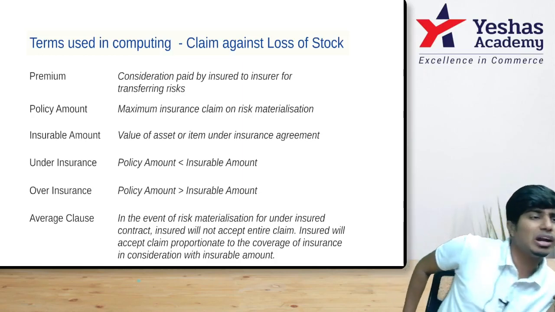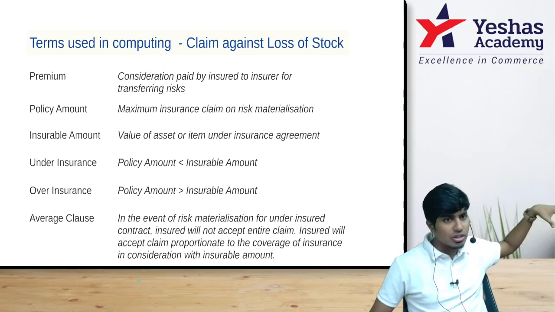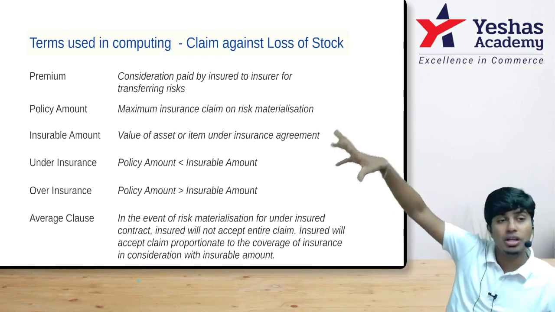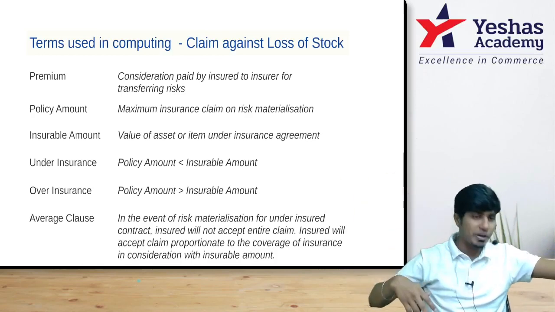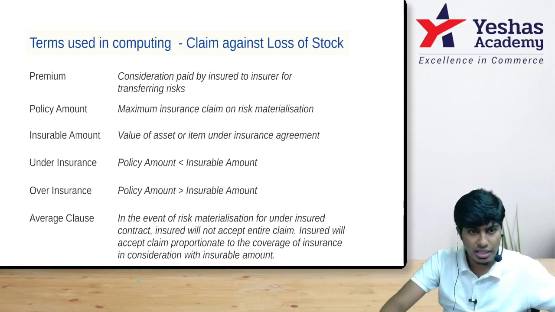But right now I have only 1,20,000 worth of stock. So when my godown has 1,20,000 worth of stock, that is the insurable amount, but I've taken a policy for 1,50,000. Then it is over insurance. My insurance premium is paid for a sum more than the value of the asset that is there. Got this? Very good.